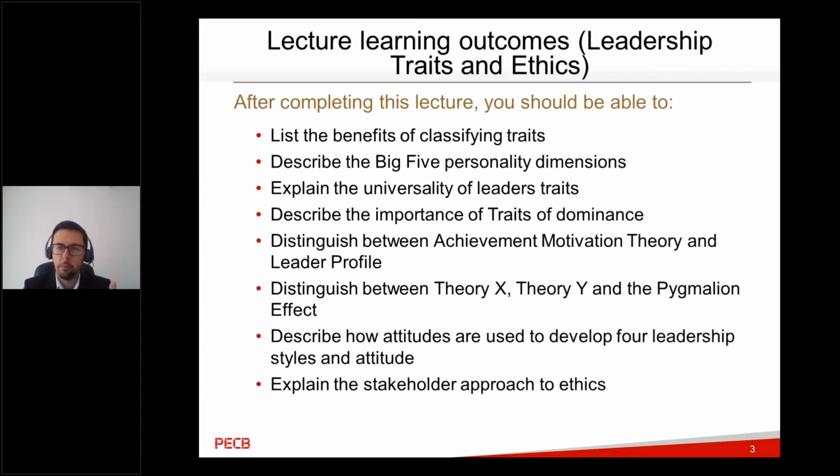Again, we will be revisiting this topic that we have discussed last week, but from another perspective. Then we will describe how attitudes are used to develop the 4 leadership styles and attitudes. And finally, we will try to explain the stakeholder approach to ethics.